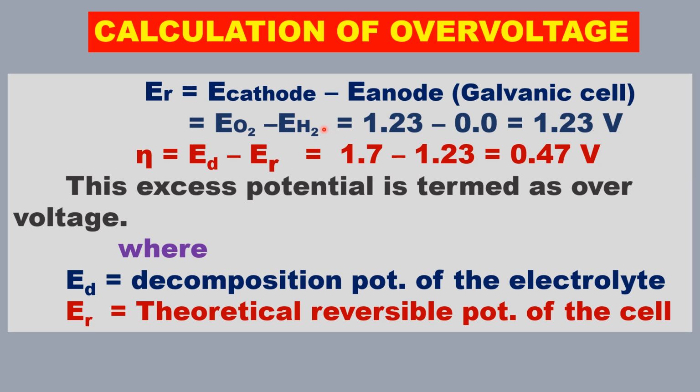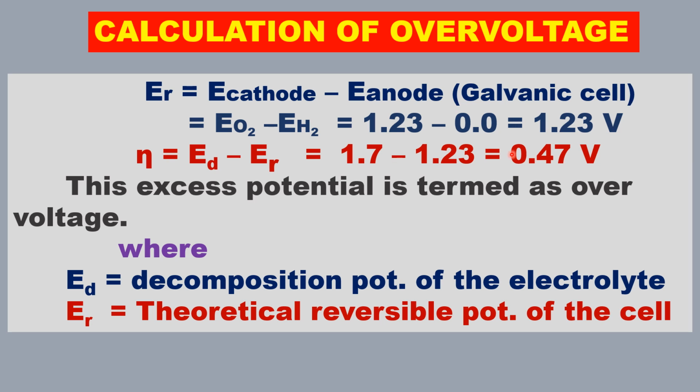E cathode minus E anode. Here reduction takes place. In the galvanic cell, reduction takes place. In the electrolytic cell, we have already the opposite. The reactions in the galvanic cell are opposite from the electrolytic cell. So 1.23 is the standard e.m.f of the oxygen gas electrode, and for the hydrogen electrode the standard electrode potential is 0.00 volt, you know that.